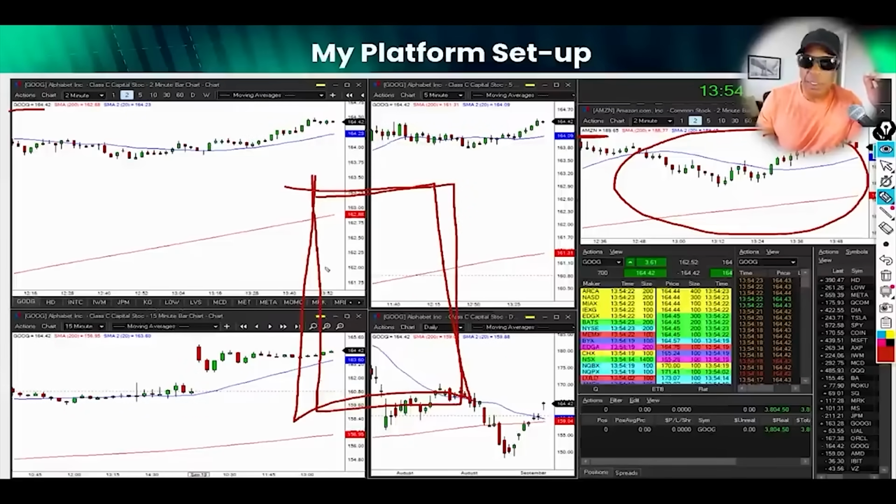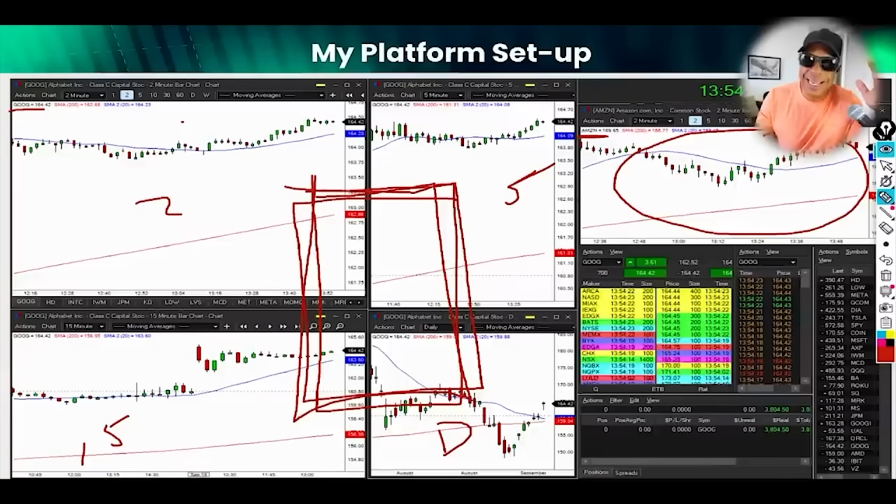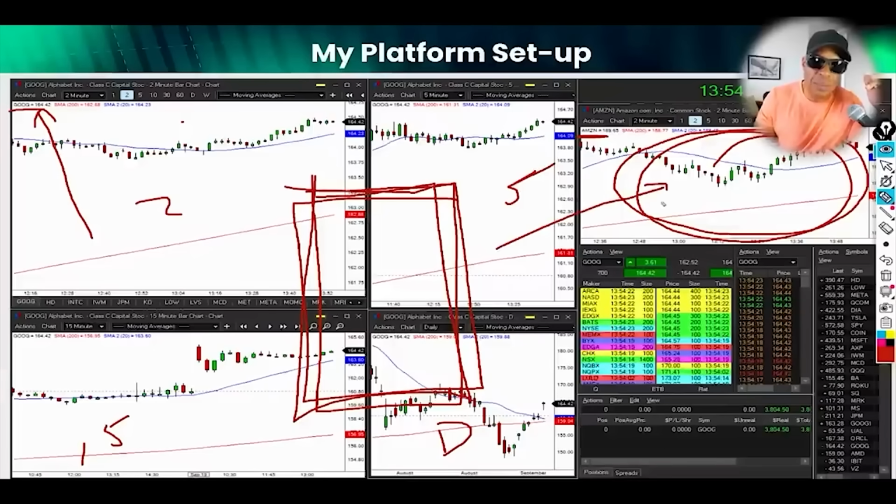If I type a symbol in Google, it's going to change the chart to 2-minute Google, 5-minute Google, 15-minute Google, daily Google simultaneously. So these 4 are linked together. This has no link. Do you understand? It is independent. So sometimes when I'm taking a trade here, I still want to watch something develop here. I'm trading Google, but I'm watching Amazon develop too.